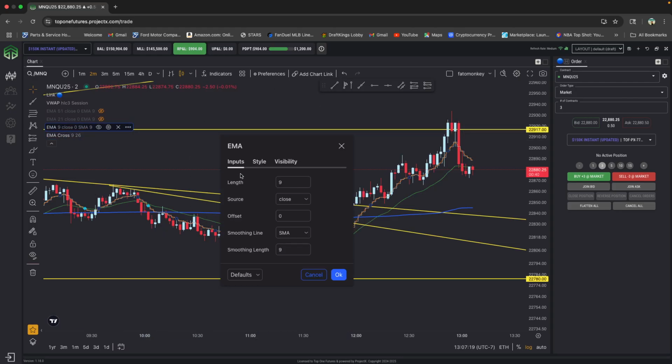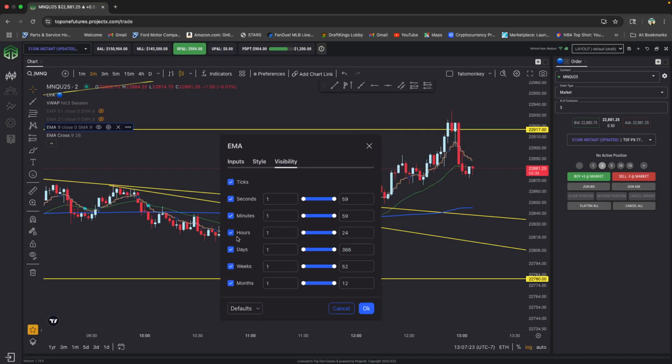Let me take this out because that's what's screwing this up. Yeah, visibility. You don't need to see it on the 1 minute. You don't need to be on a 2 minute either.